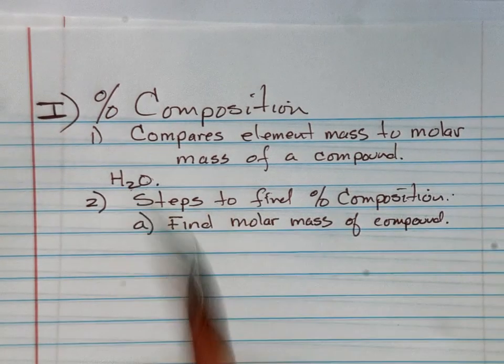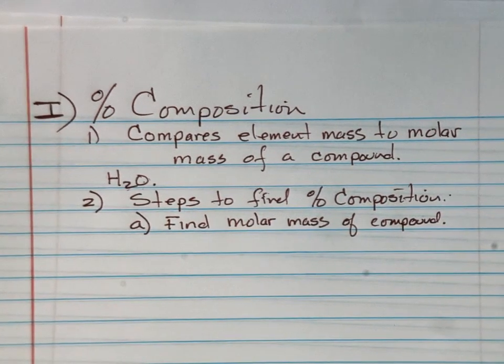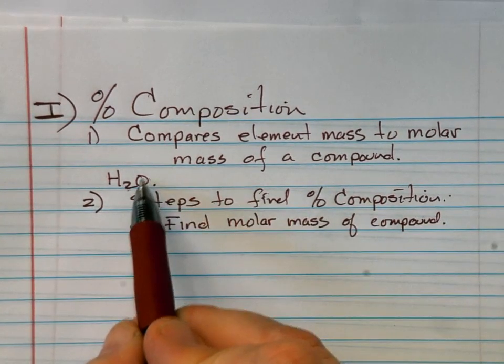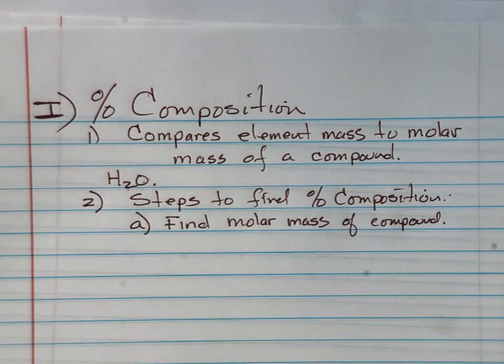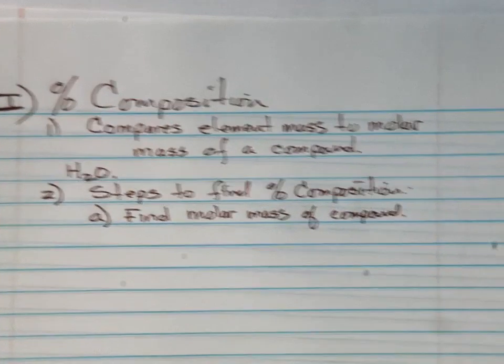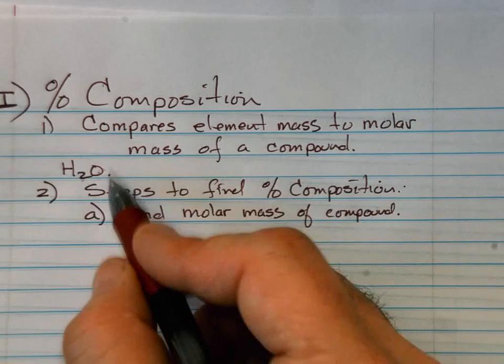What's the molar mass of water? 18. By this point you know that's 16 for oxygen plus 2. So the molar mass for our example there, water.